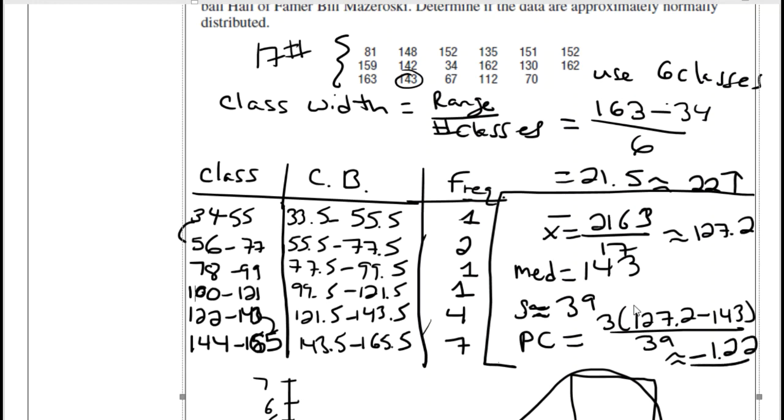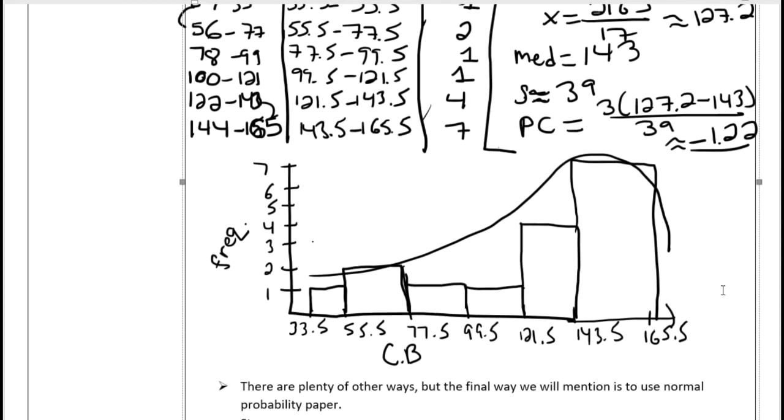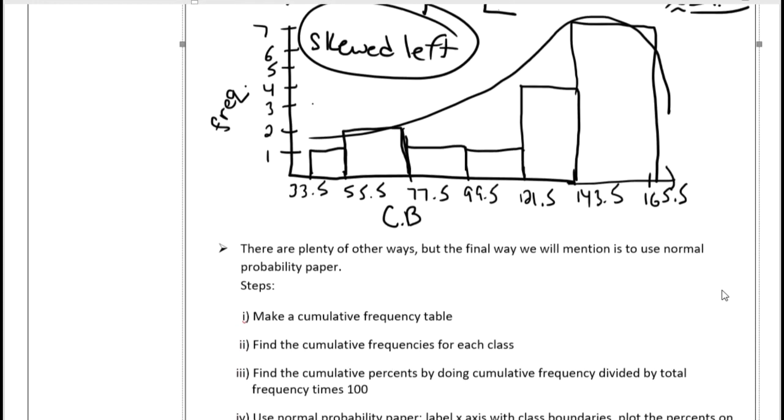All right, so that's telling us that it's pretty significantly skewed because it's less than negative 1. So therefore it is significantly skewed to the left. So it's not normal.